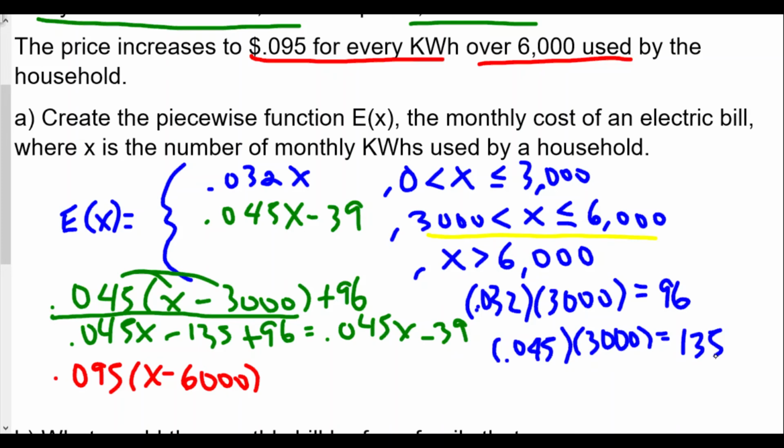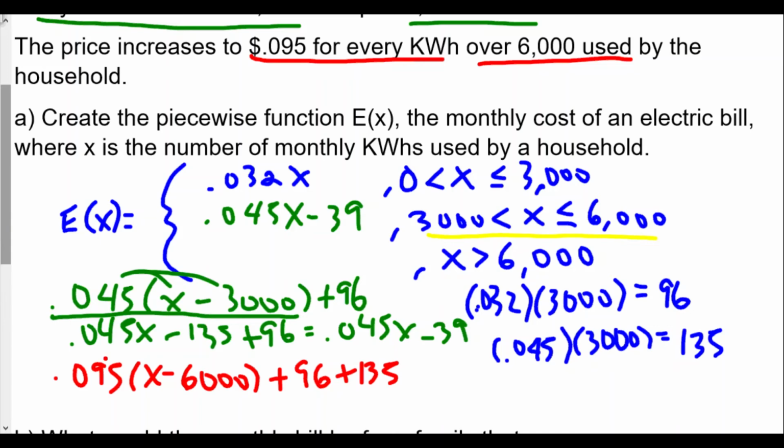So what it comes down to is that if you were to use exactly 6,000 kilowatt hours, you would pay first 96 for the first 3,000 and then 135 for the next 3,000. All right. And so in our equation for the third function, we're now going to add the 96 and the 135 here. And then again, distribute.